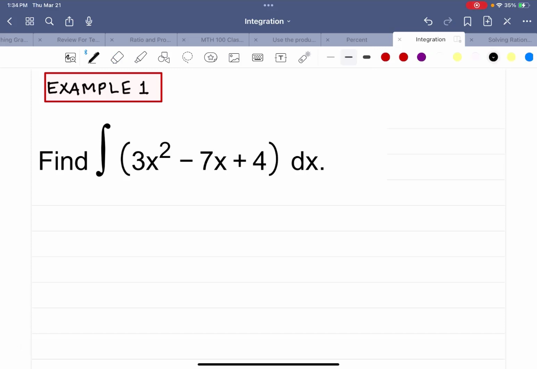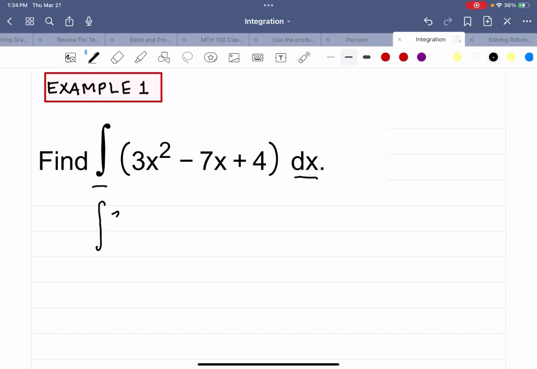I've got to find the integral of the polynomial 3x squared minus 7x plus 4 dx. Again, you're going to have the dx every time you have the integral symbol. So I'm going to rewrite each term.